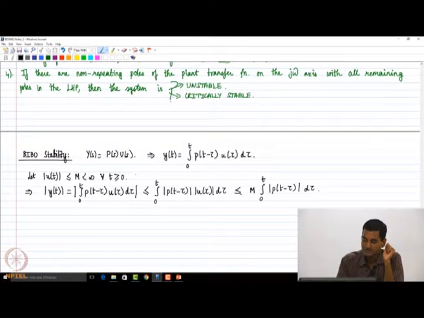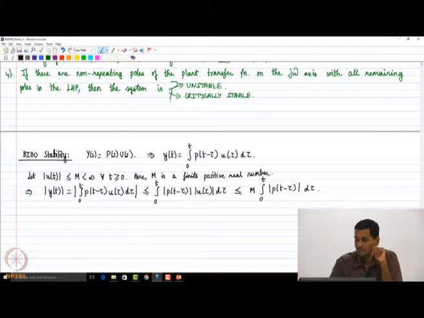It was there in the slide, so that's why I didn't write it. Let me write it down. Here M is a finite positive real number. Anyway, I am taking the absolute value of u of t, so it is going to be a positive number. So I hope it's clear.